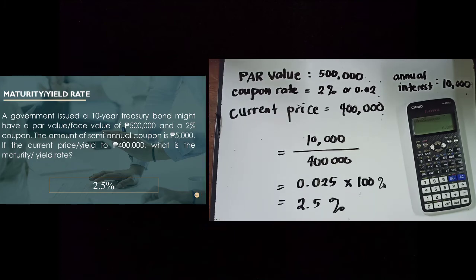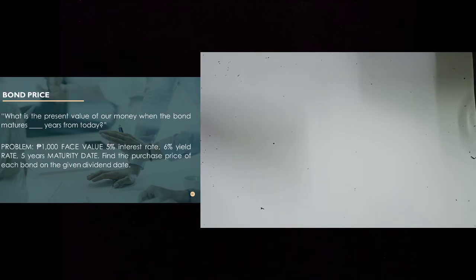Kapag mas mababa siyang binenta doon sa face value, so yung current price or present value niya is less than the par value or face value, that is what we call the discount bond. Okay, so now ano naman ang bond price or bond pricing?